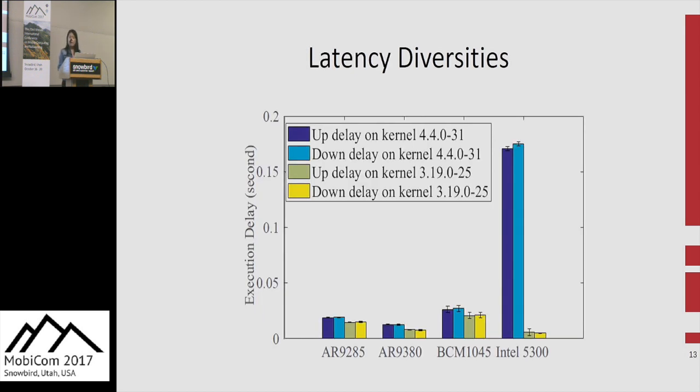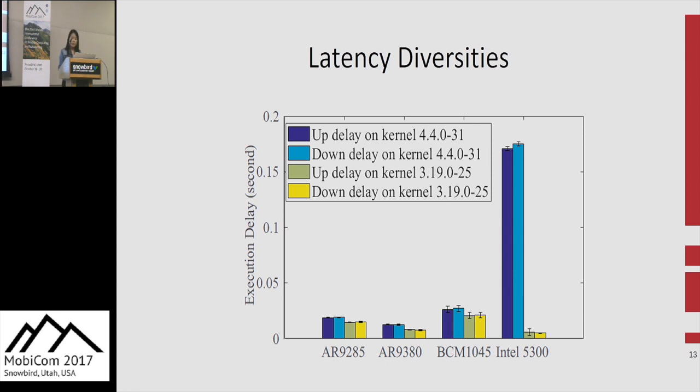Another diversity in Wi-Fi NICs is their execution latency. On this slide, we compare four Wi-Fi NIC models. The normal execution latency is about 0.02 seconds. One exception is the Intel 5300 model. Its execution latency from off-state to on-state is about 0.17 seconds.